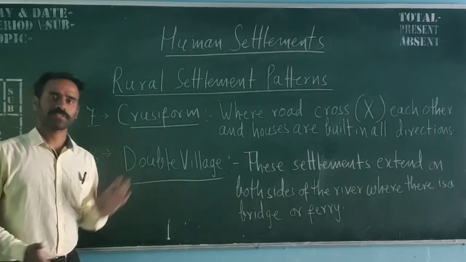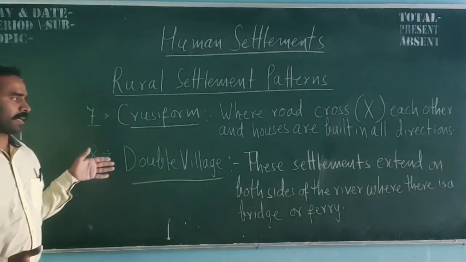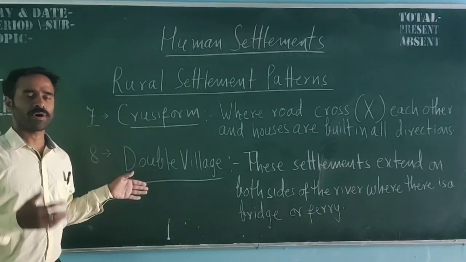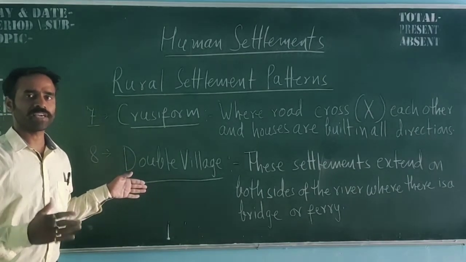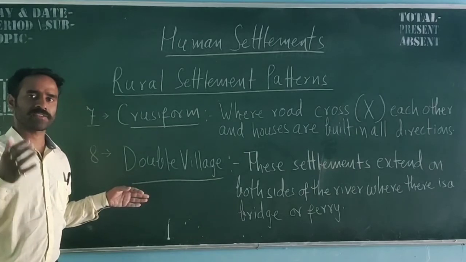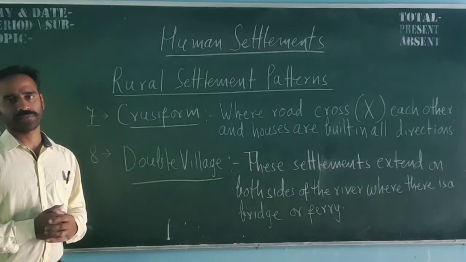The double village, the last one. Such settlements extend on both sides of a river where there is a ferry or a bridge.